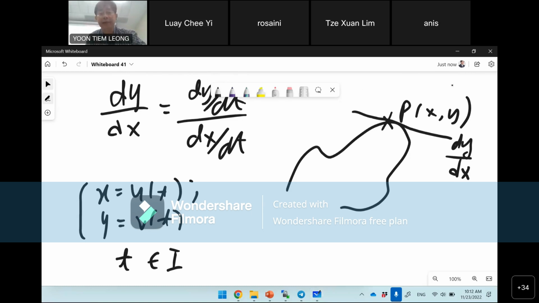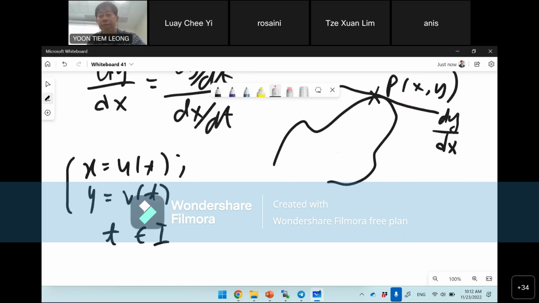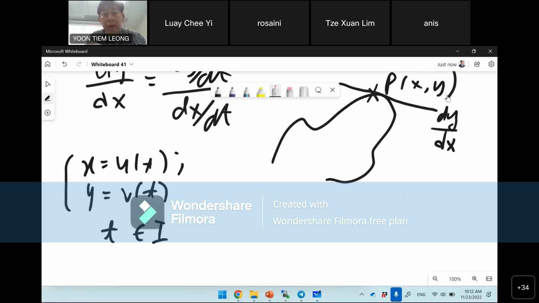To understand that, you just try to zoom in to this particular area. Within this particular interval around P, you can imagine that the curve will be like this.